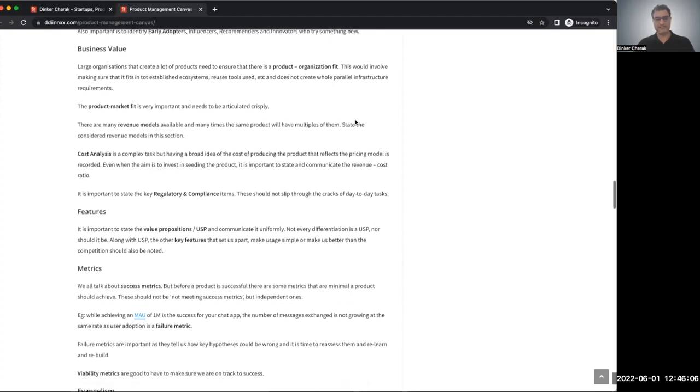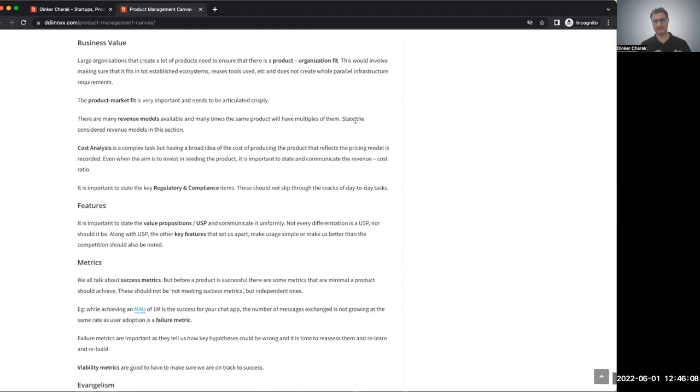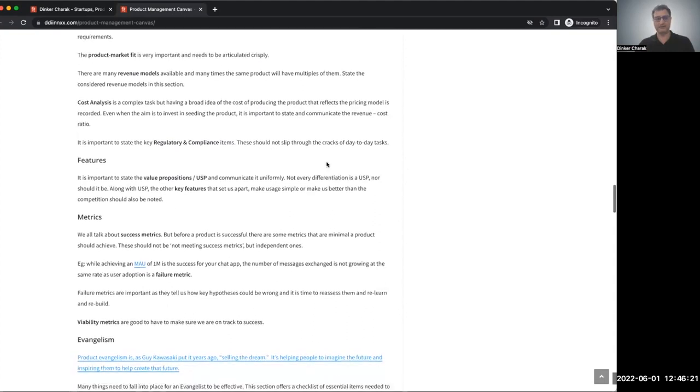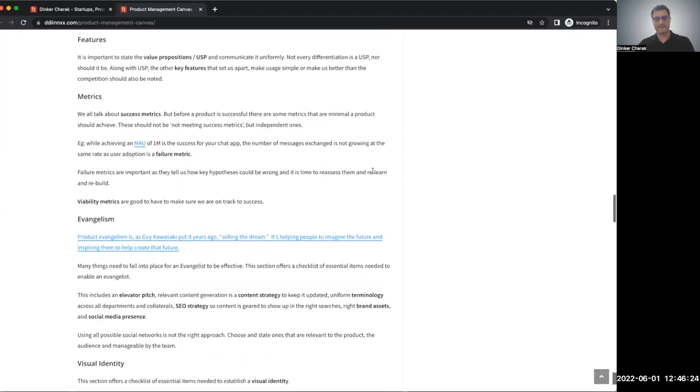And business value, it's very important to understand the revenue model and the cost structures. Be aware of key regulatory and compliance requirements that you need to consider. Features, as I said, it's very important to write those key features that articulate the value prop, the USP of the product, so it's very apparent to everyone that this is why we will succeed.